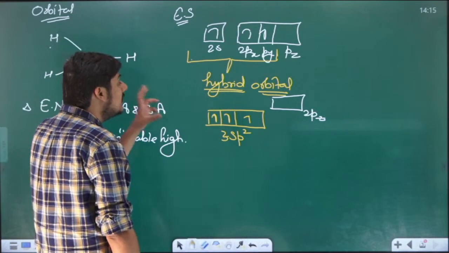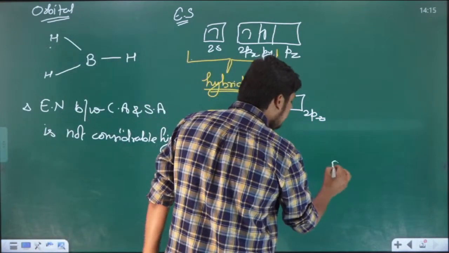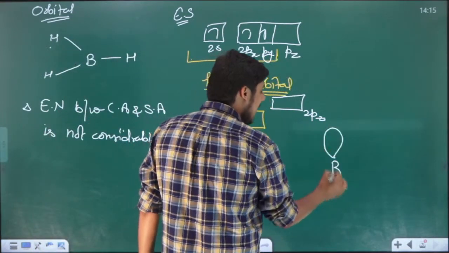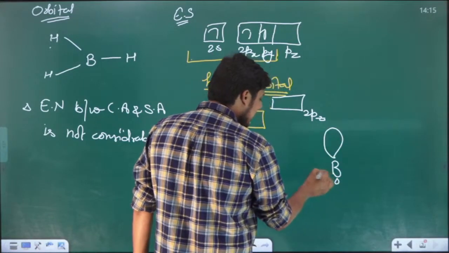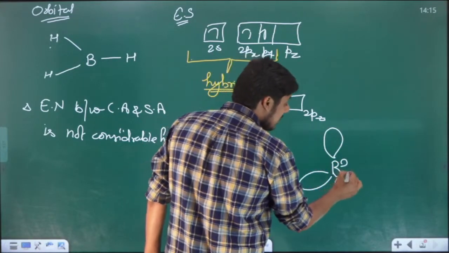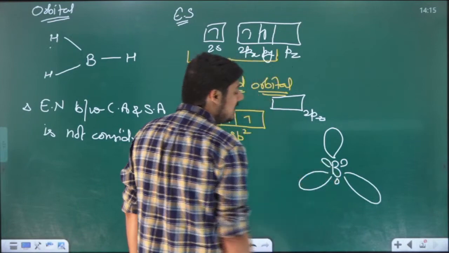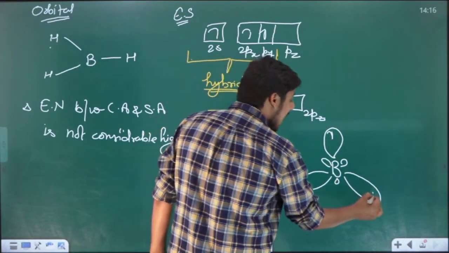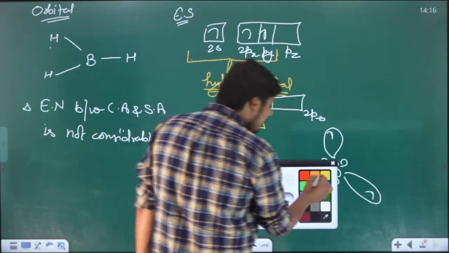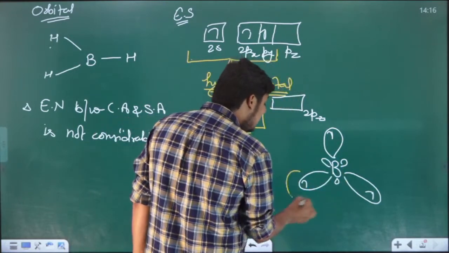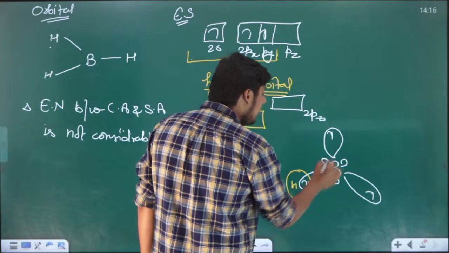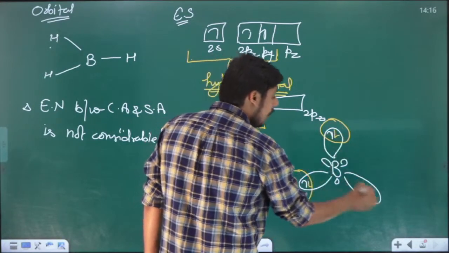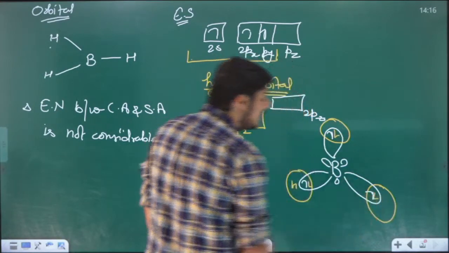When hydrogen comes near the center atom boron, which has just been hybridized to give 3 new degenerate sp2 orbitals having a single electron in them, hydrogen will come in proximity of this boron with its 1s and overlap individually with these orbitals to form a molecule known as BH3.